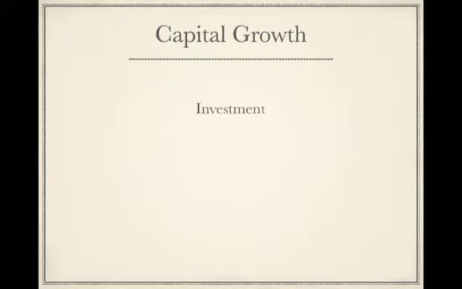One is going to be investment, that is the acquisition of new capital. Now, you may notice that when we were talking about GDP, I alluded to the difference between consumption and investment. In our situation here, we're going to be assuming that all savings gets turned into investment. After the exam, we're going to relax that assumption and start trying to understand how and under what conditions savings get turned into investment.